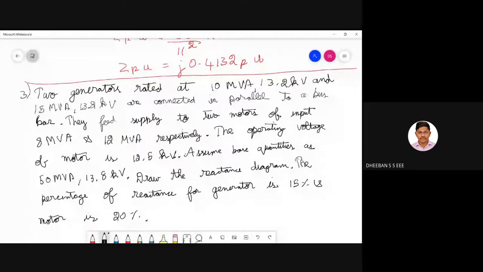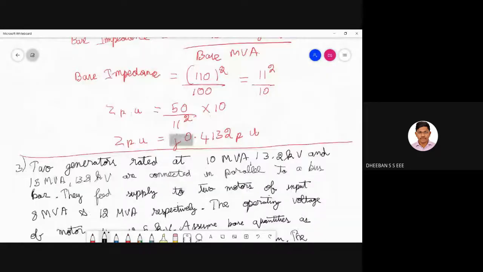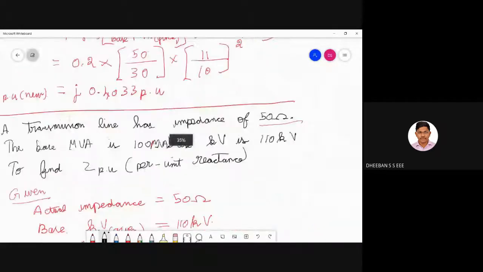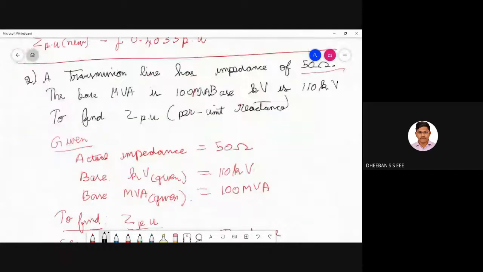For the per unit representation, you will use this formula, with respect to percentage, for all the electrical equipment, that is, for both the generators as well as both the motors.